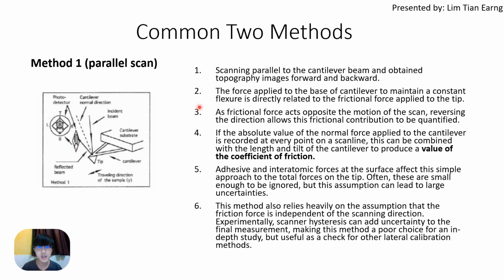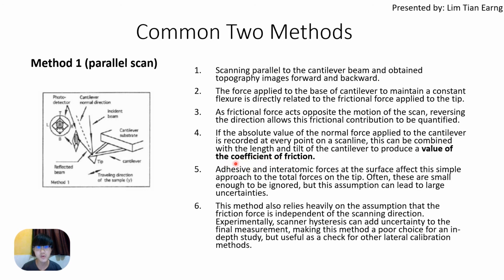In detecting this parallel scanning, there will be a force applied to the base of the cantilever to maintain a constant force, and it is directly related to the frictional force applied to the tip. The calibration method is important for the value of the coefficient of friction.